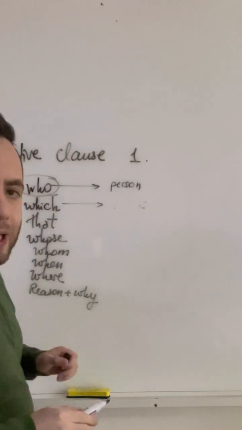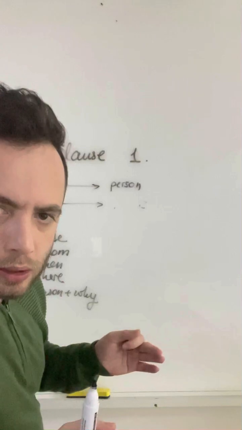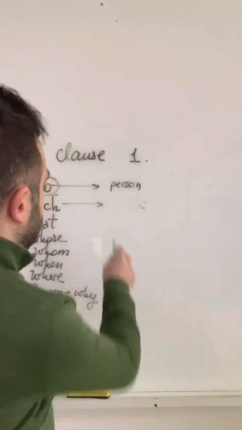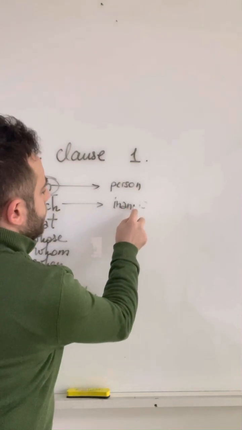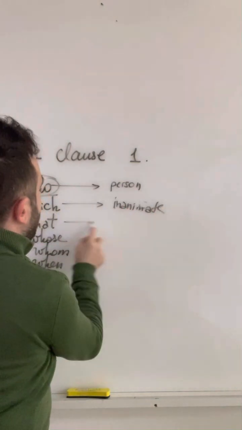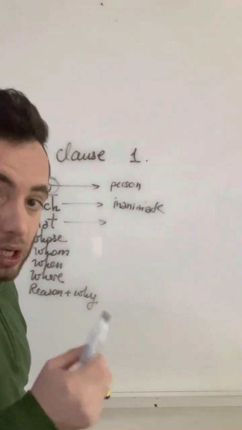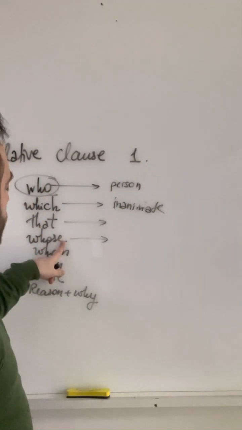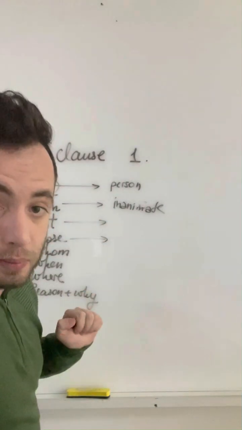Which is used for non-person, for things, inanimate things. That can be used instead of both. Later I will explain. Whose, we can also use for a person, and also for an inanimate thing.